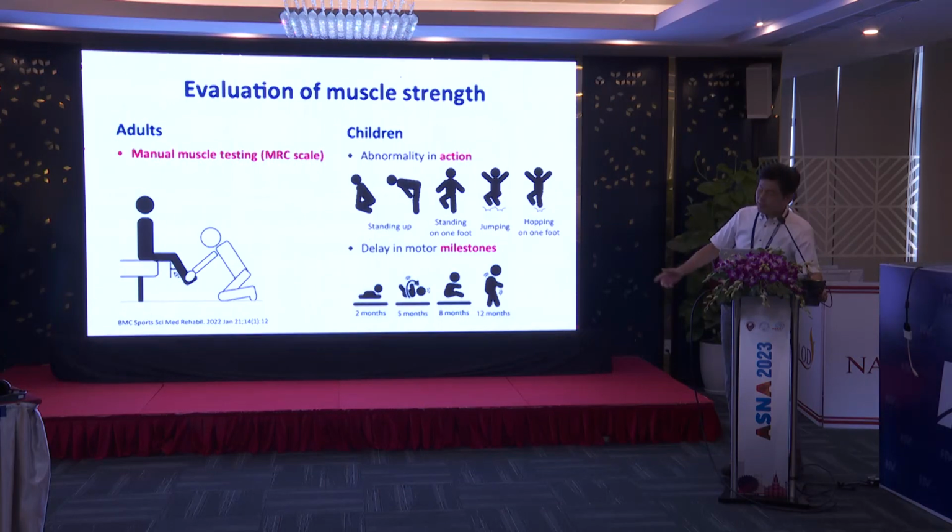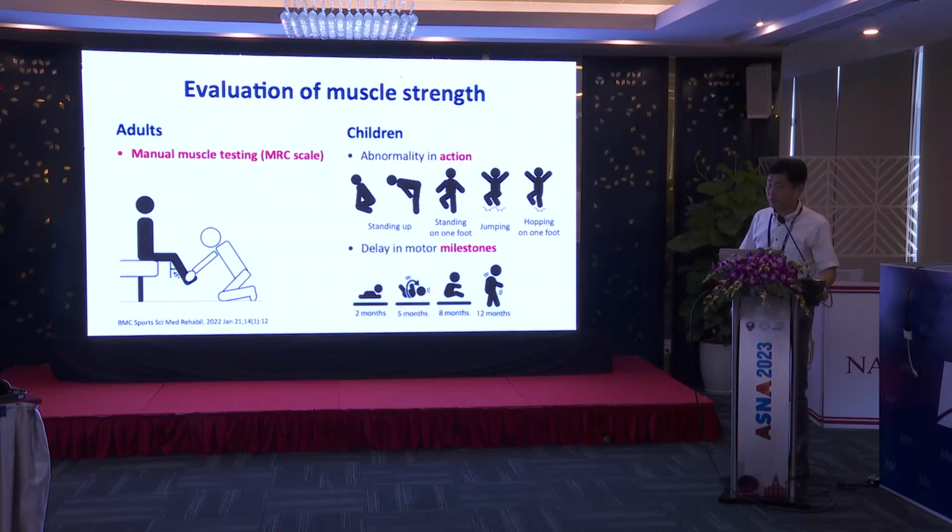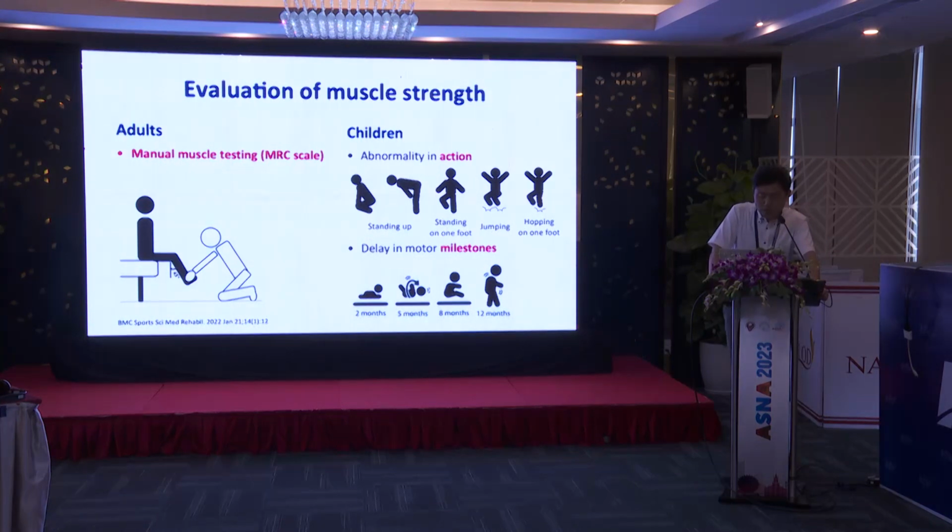For example, the standing maneuver, I will show you a video in the next few minutes, but this is also important. And once they, in the developmental stage, become able to stand up, maybe you should check whether they can stand on one foot or even jump, or whether they can hop on one foot.